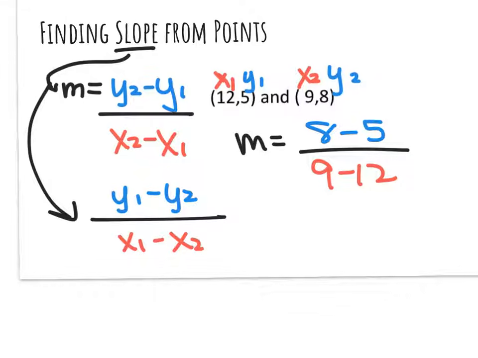When I simplify that, I get 8 minus 5, which is 3, over 9 minus 12, which is negative 3. We always have to reduce our slope, so our final answer is 3 divided by negative 3, which is a slope of negative 1.